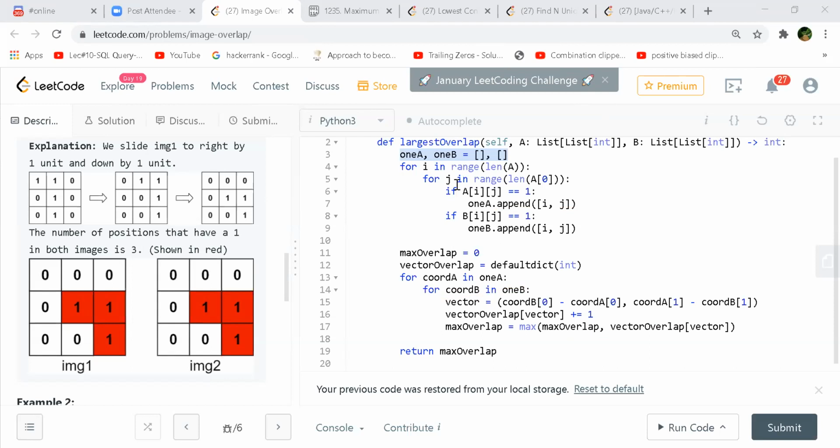But the only thing is, when you are storing in a dictionary, the key you are storing is a pair. That is a pair, right? Of two values. A pair of values, yeah.